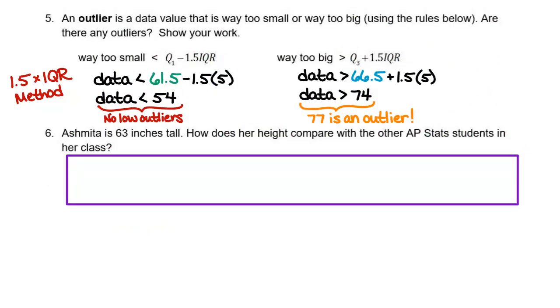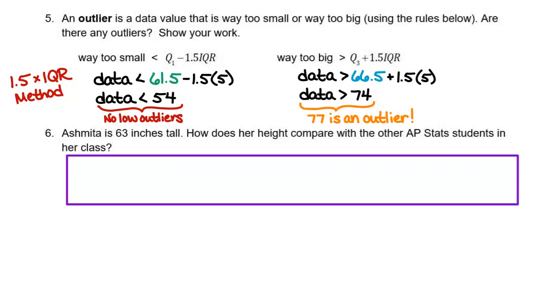Ashmita is 63 inches tall. How does her height compare with the other AP Stats students in her class? What's special about her being 63 inches tall? That is the median. So how does she compare to her classmates? If they were supposed to line up by height, how does she compare?